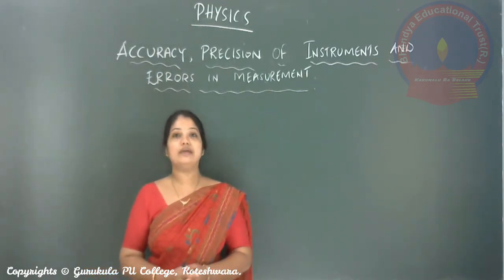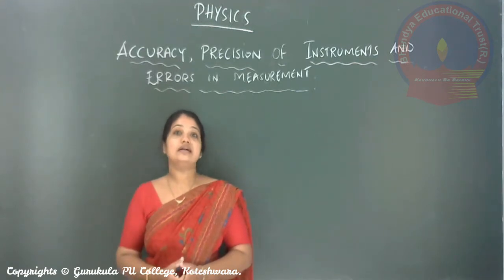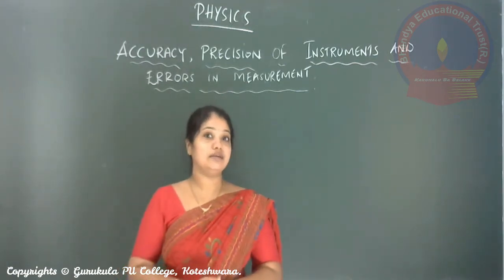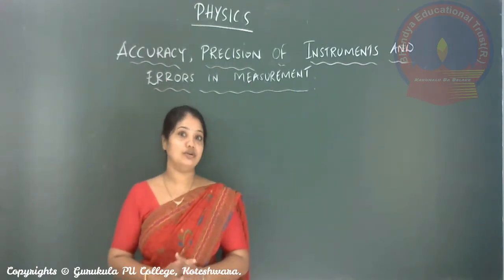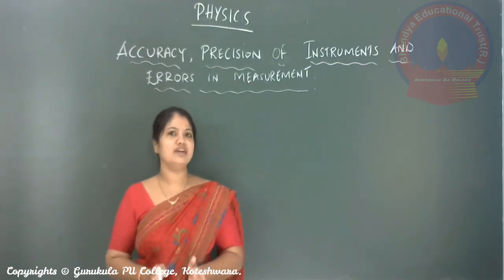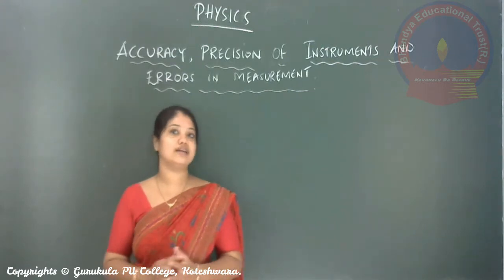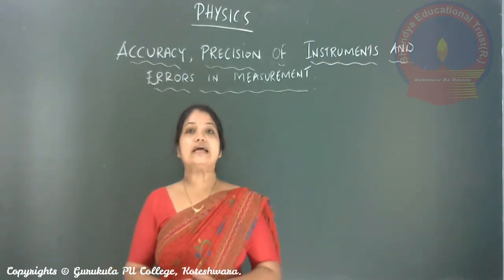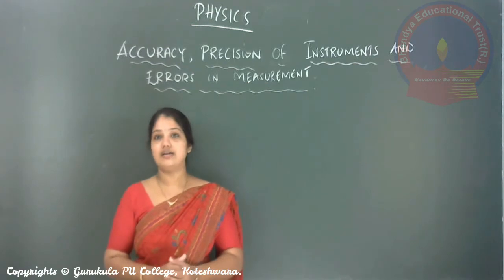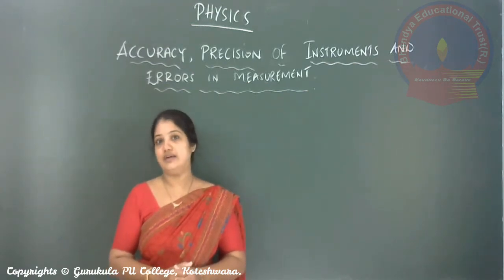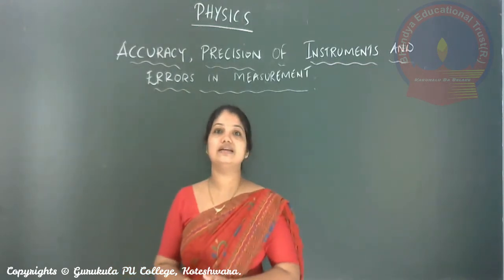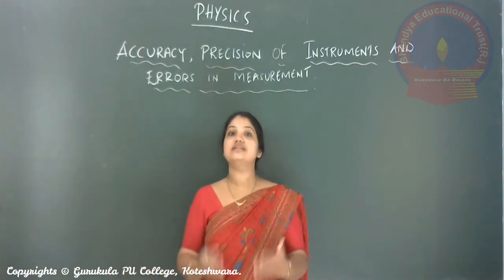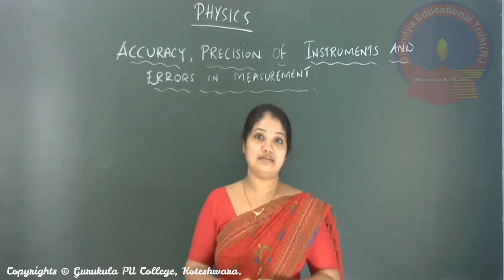So we take that 9.8 meters per second square as the true value. But when we do the experiment, we do not get the exact true value. So there is some uncertainty, and this we term an error.